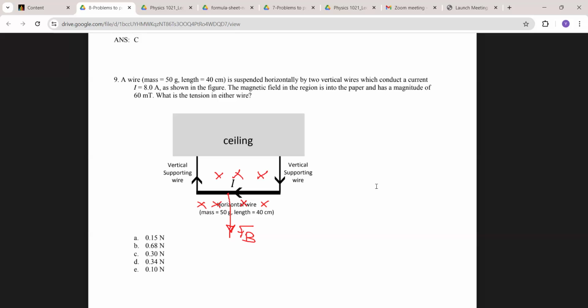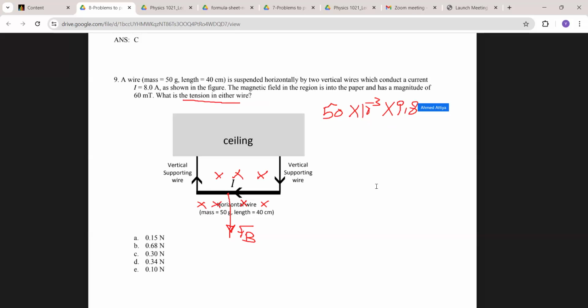So effectively here, I have the weight plus the magnetic force. So the weight is 50 times 10 to the power minus 3 multiplied by 9.8.